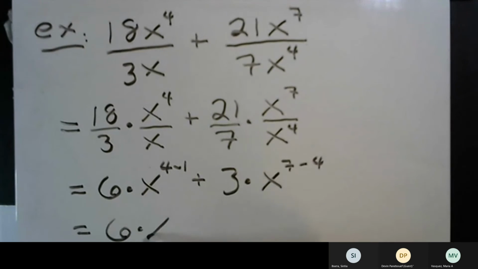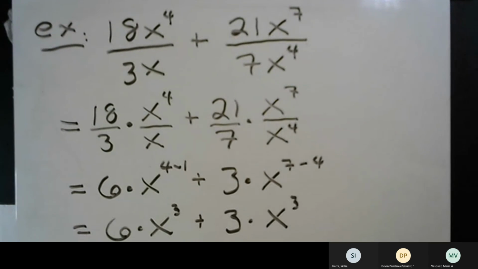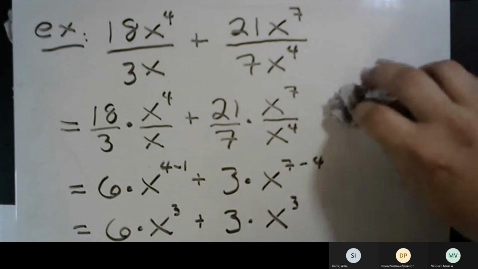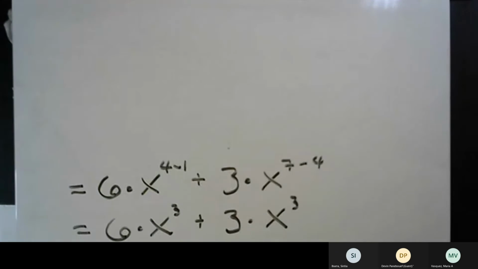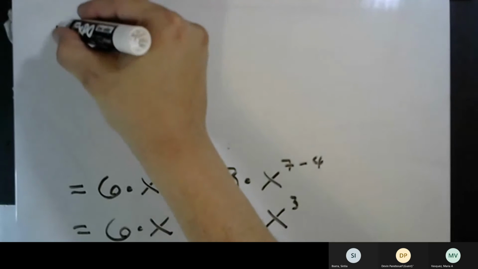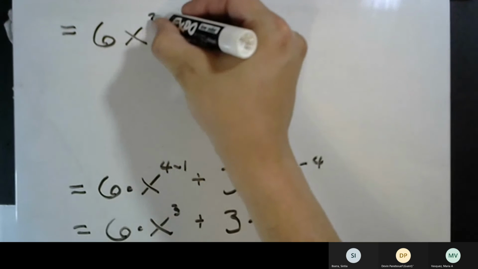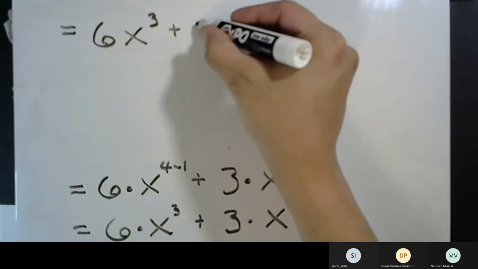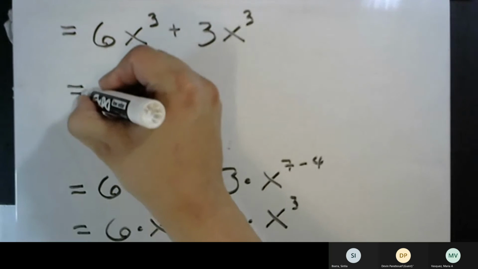This will be 6 times x to the 3 plus 3 times x to the 3. So 6x cubed plus 3x cubed.